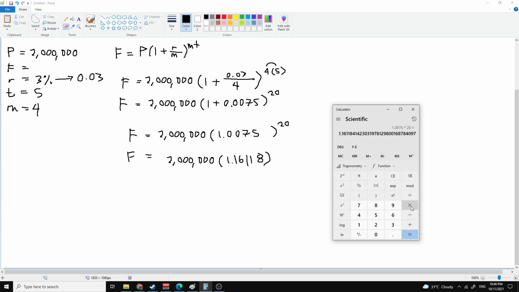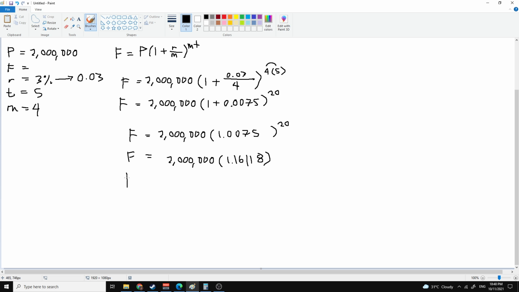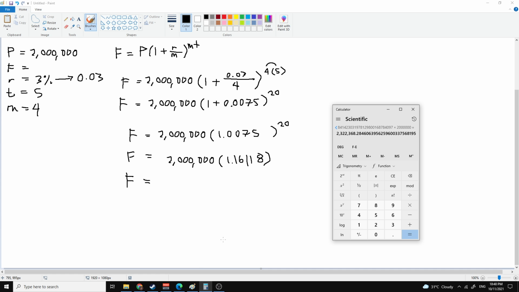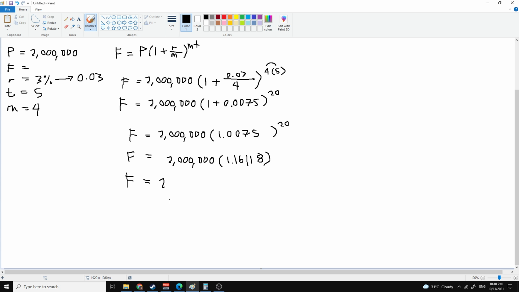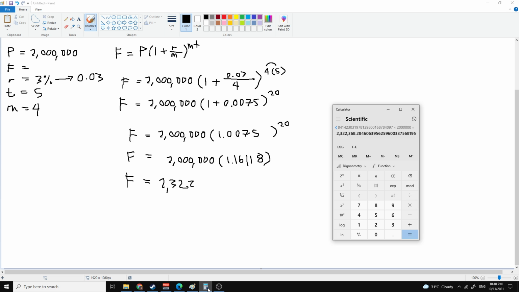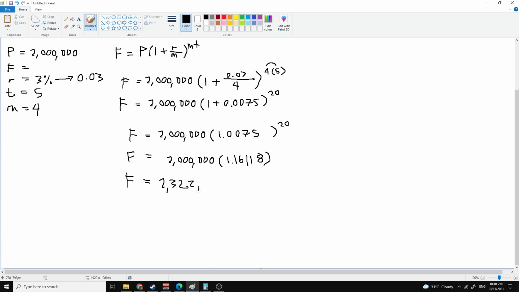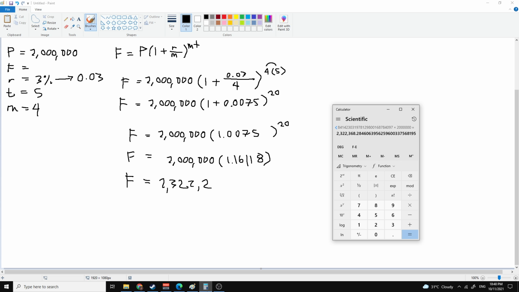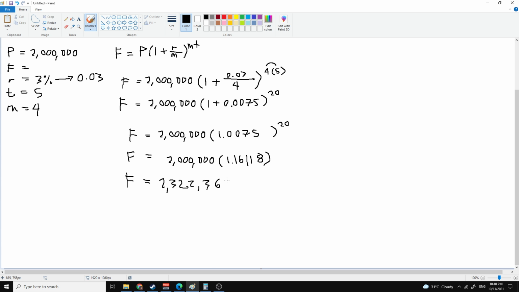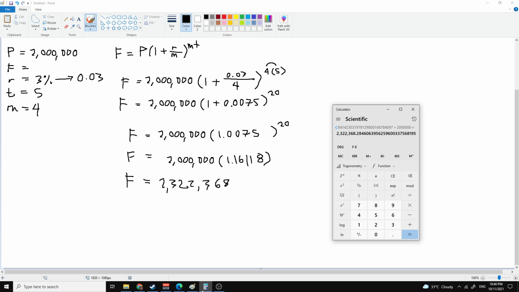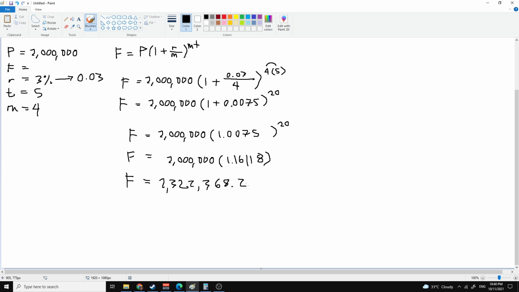Okay, so we're going to multiply that. We're multiplying this times 2 million. What do we get? So we get this number. So F is going to be equal to 2,322,368.28.